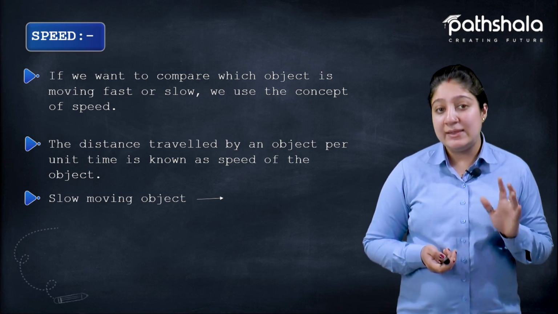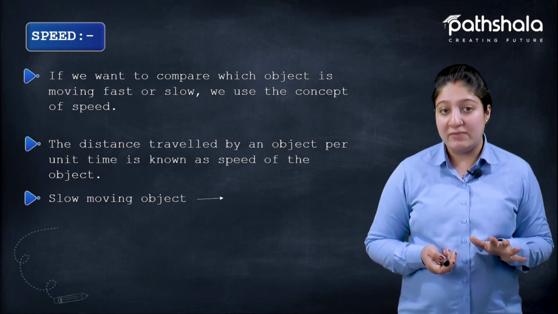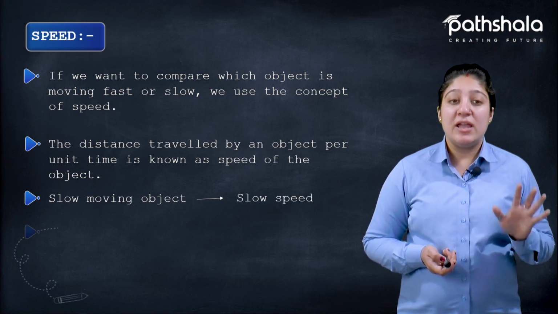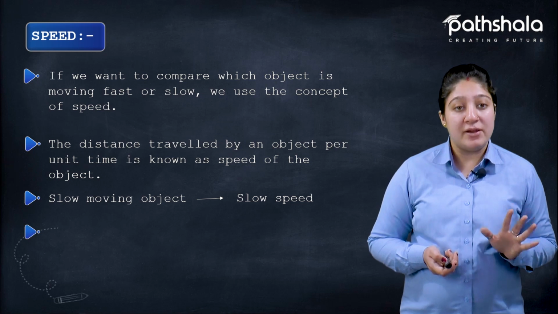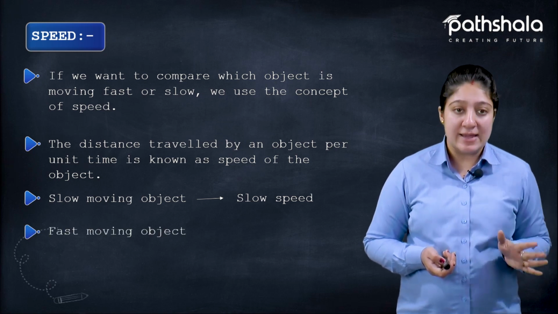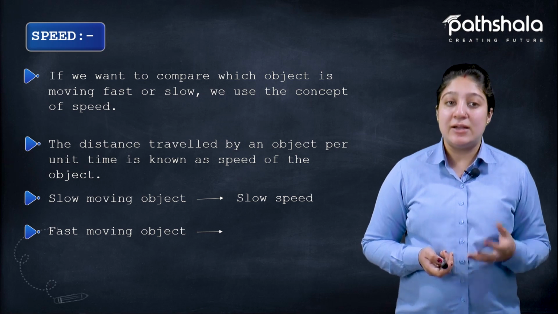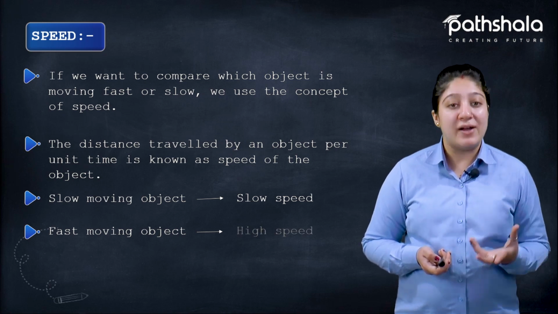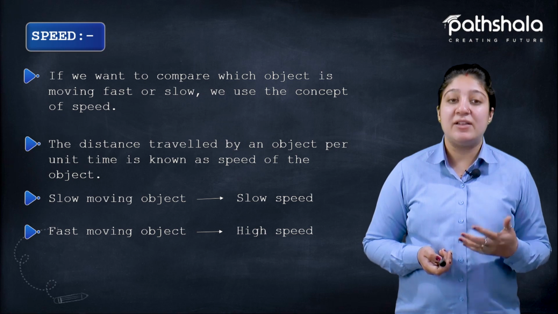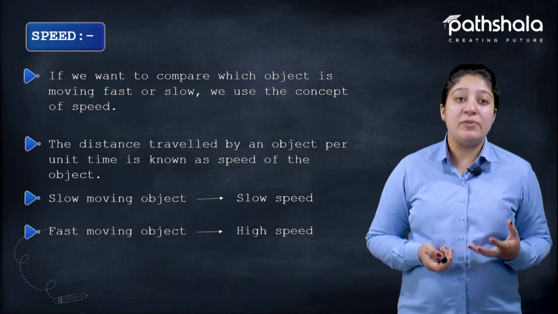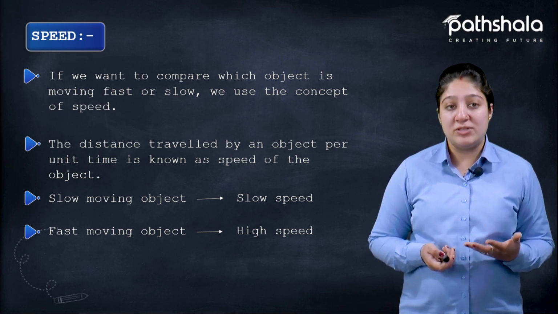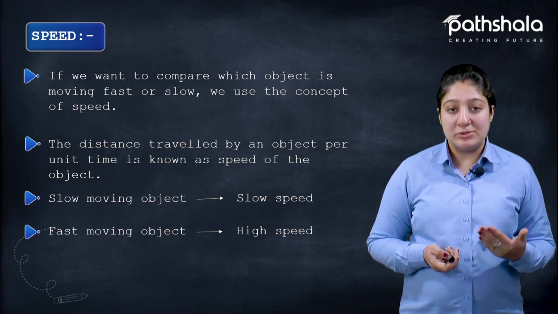In that case I'll say the object is moving with slow speed. But if an object is covering more distance in less time, I'm going to say that the object is moving with fast speed, or the object is having a high speed. So that is how we compare the motion of two objects by using the concept of speed.